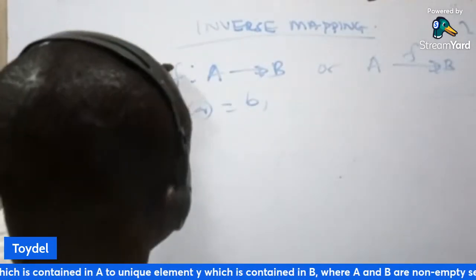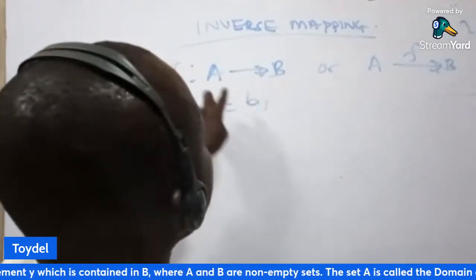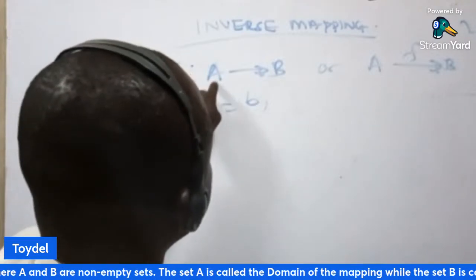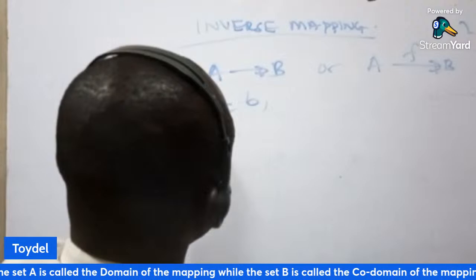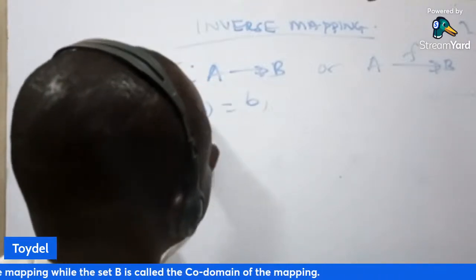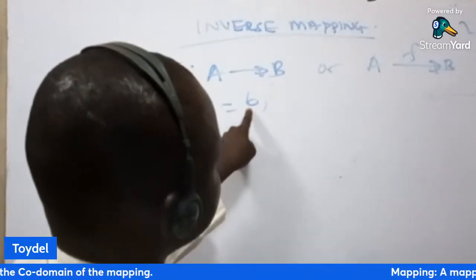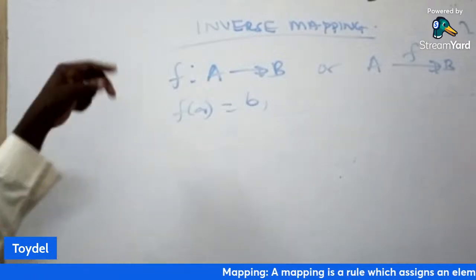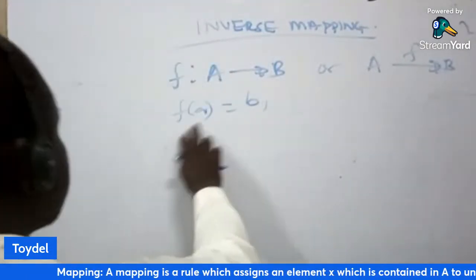This is a non-empty set, and this is also a non-empty set. If this mapping f operates on every element of A, we are going to get the image in B, which is a small letter, because we normally represent the element of a set with a small letter, but the set with a capital letter. So this is what we know.